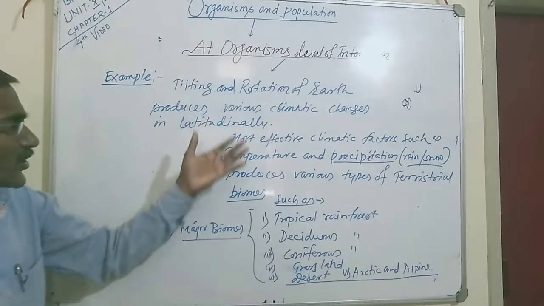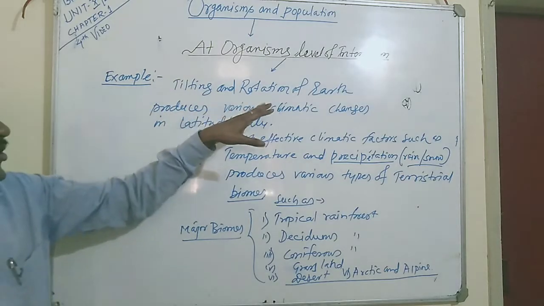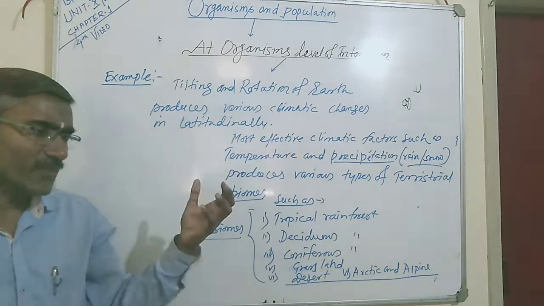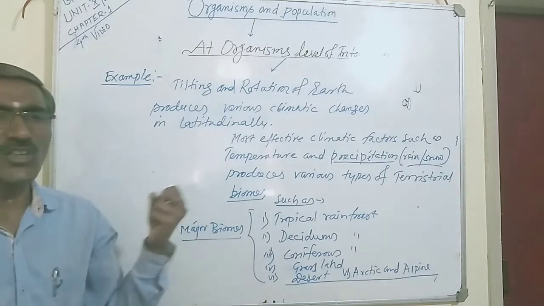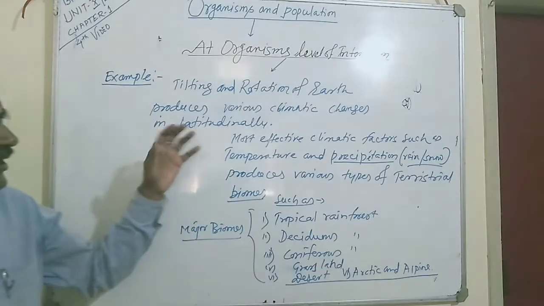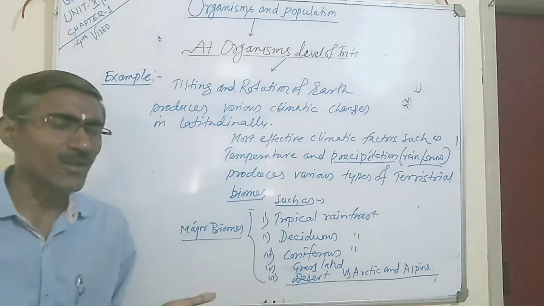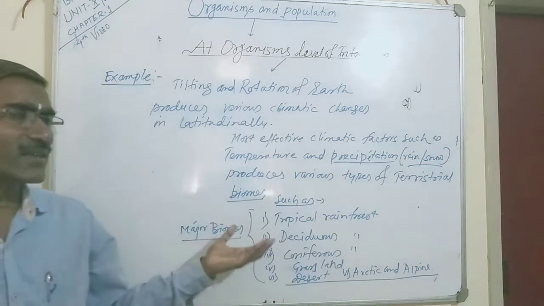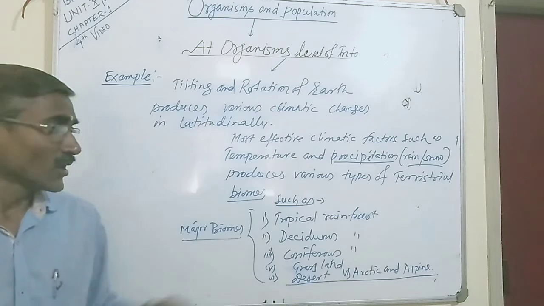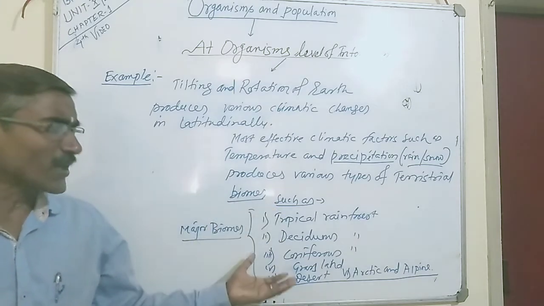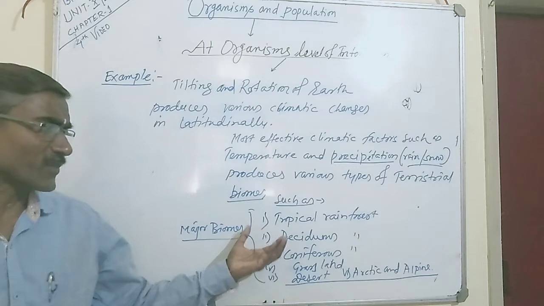I will describe it in detail. The tilting and rotation of the earth create temperature variation as well as precipitation variation. So definitely, whenever temperature and precipitation differ in different parts of the earth, they create different types of biomes. The nature of the biomes is based only on temperature and precipitation here.